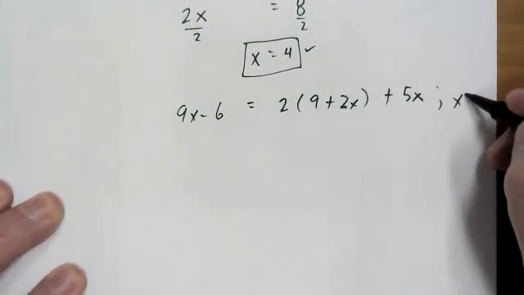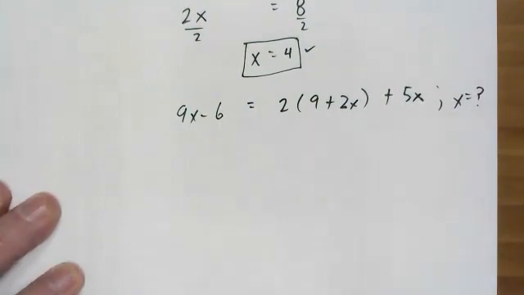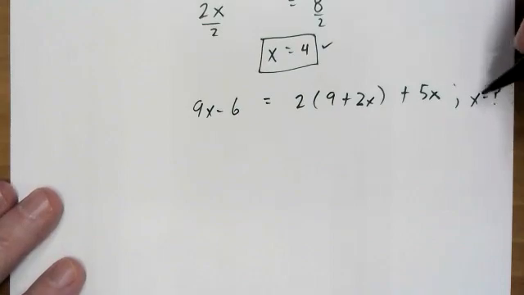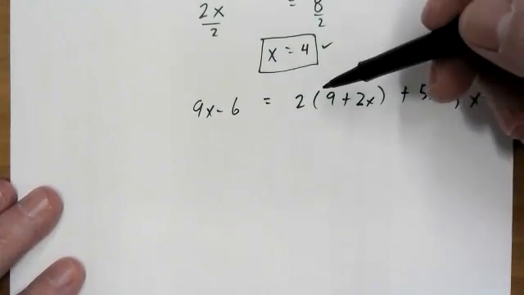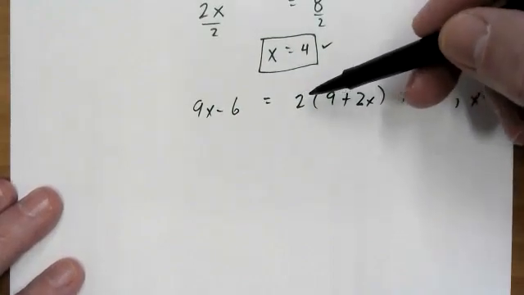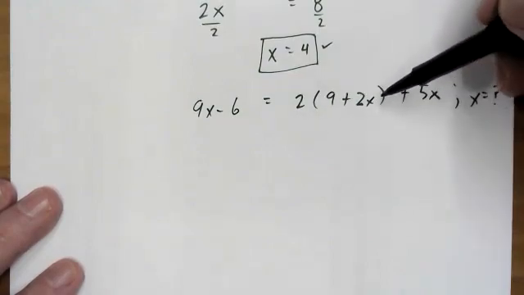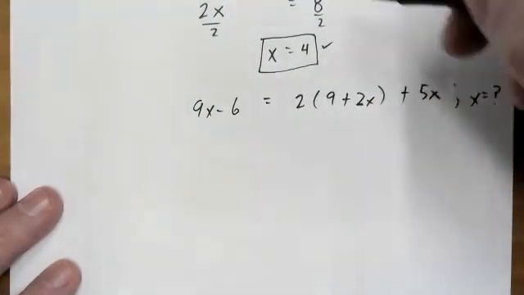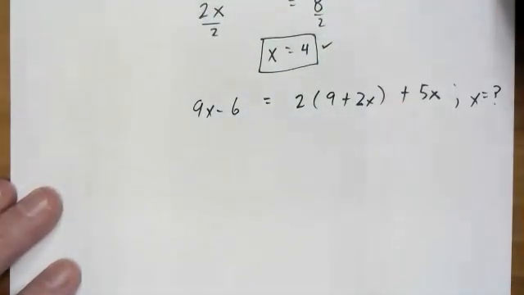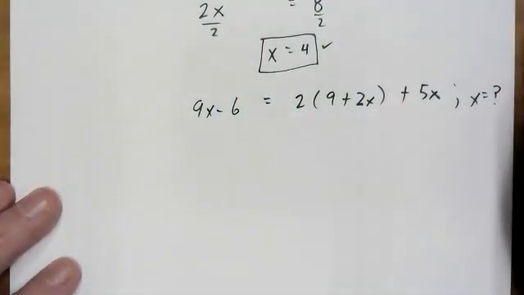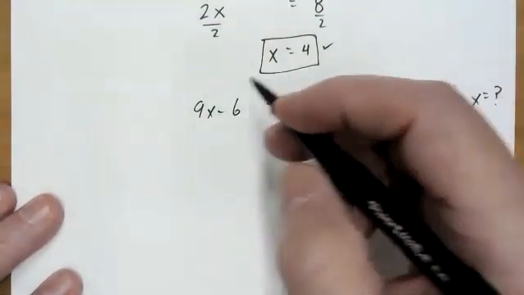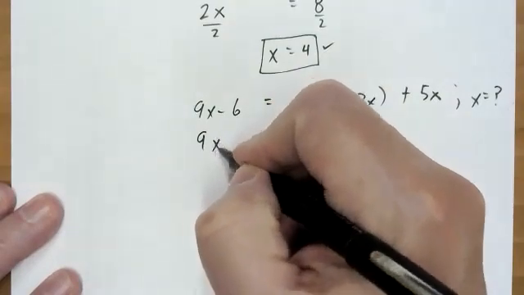So once again, I'm going to try and solve this equation for x. In this case, first thing I'm going to do is multiply out these parentheses, and then I'll combine like terms and move things from side to side, and I think you pretty much know how to solve this equation. So let's see what happens.